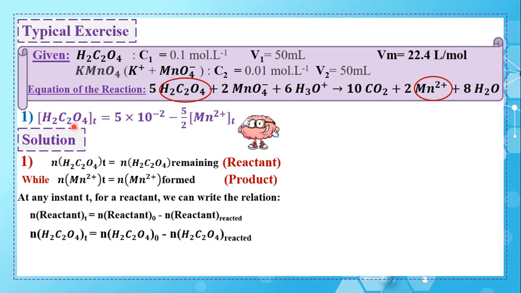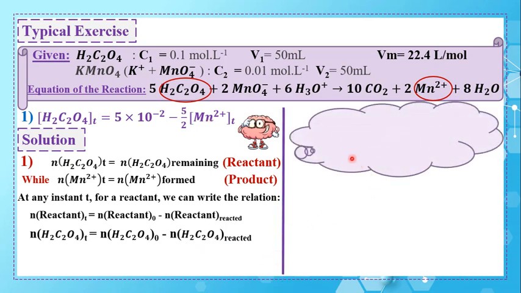If I compare it with the relation that I have to prove, I have started well, but here I have to replace H2C2O4 reacted by Mn2+. I can refer to the stoichiometry of the reaction, which says the number of mole of H2C2O4 reacted over 5 is equal to the number of mole of Mn2+ formed over 2.